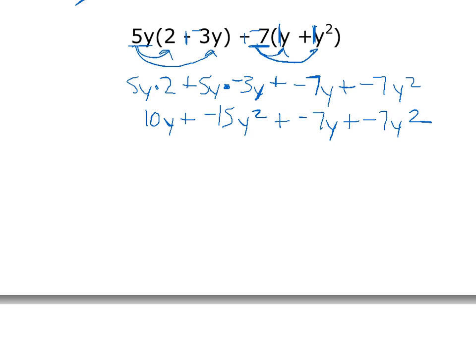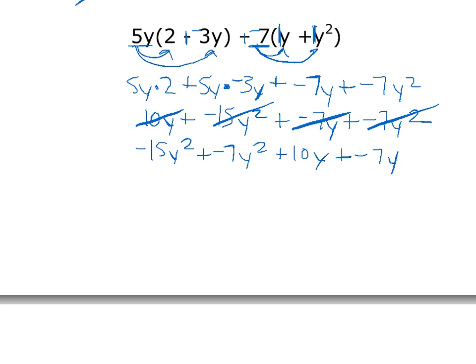So the first thing that we want to do before we combine those like terms is go ahead and commute them. So I'm going to take my negative 15y squared, commute it to the front. I'm going to take my negative 7y squared, commute it to the front. And then I'm going to take my 10y and my negative 7y.